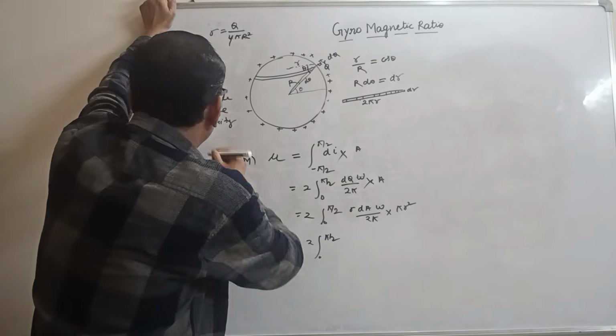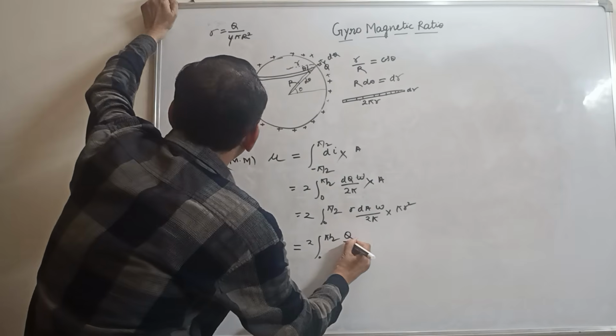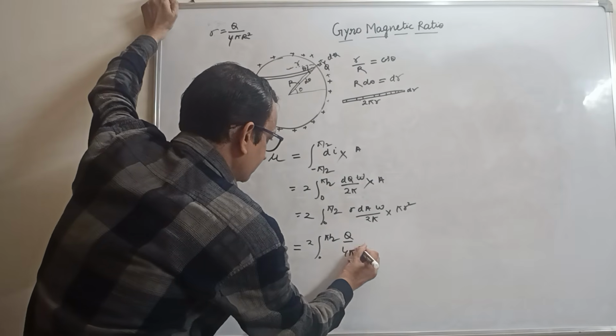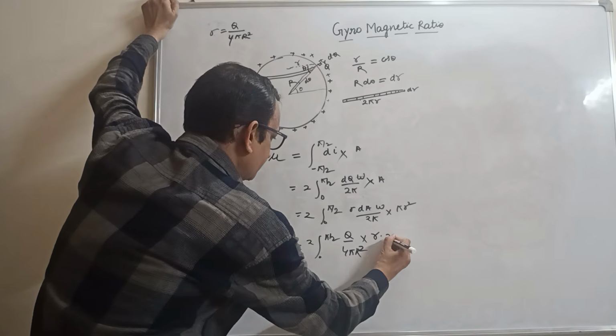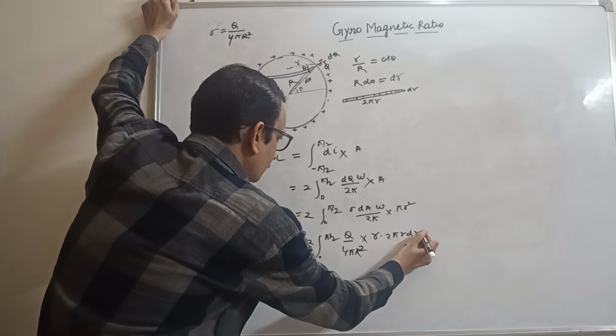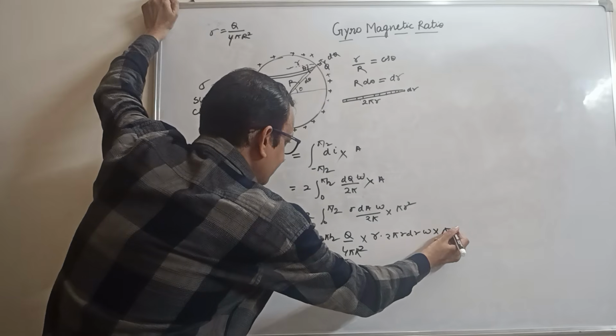Sigma would be q upon 4 pi R square, and dA becomes 2 pi R dr, omega, into pi r square.